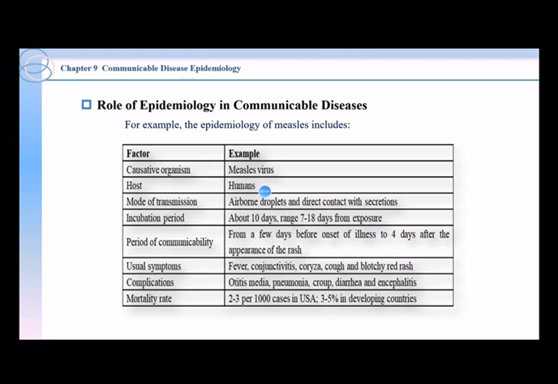Here is an example of the epidemiology of measles, including causative organism, host, mode of transmission, incubation period, period of communicability, and usual symptoms, complications, and the mortality rate. This is a description of how epidemiology can be used in describing, studying, or investigating communicable disease.